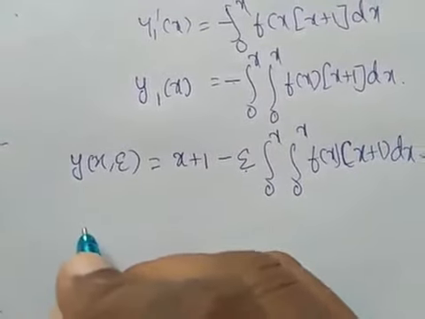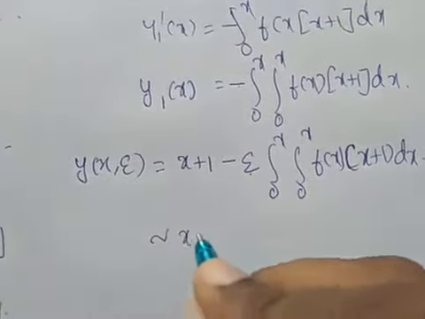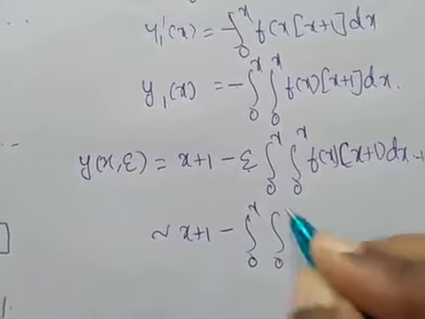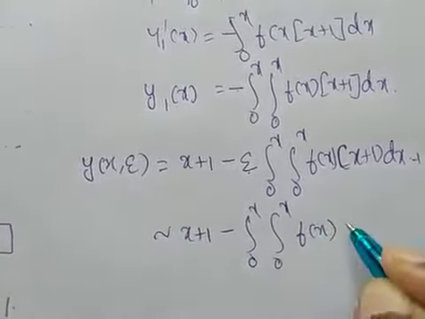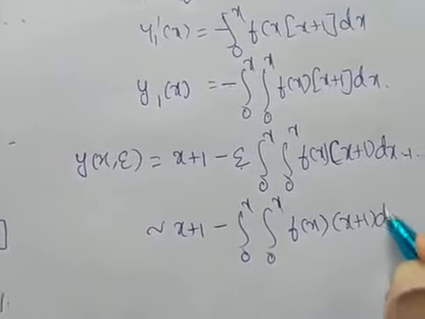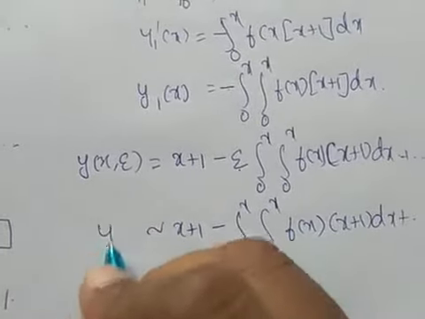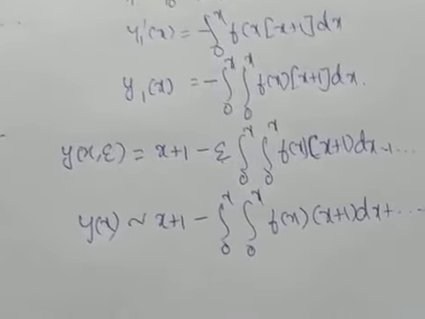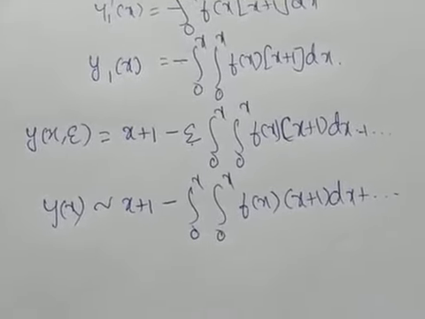Therefore, what is our solution? x plus 1 minus double integration 0 to x, f of x, x plus 1 dx, plus etc. This is the final solution of this initial value problem.